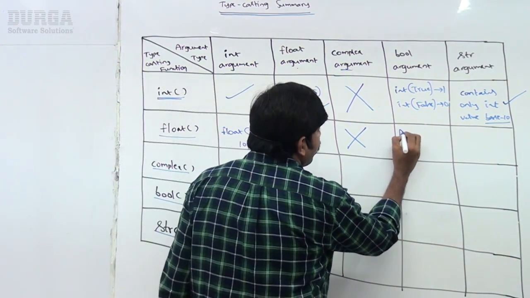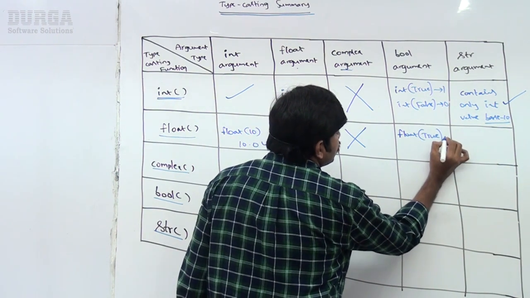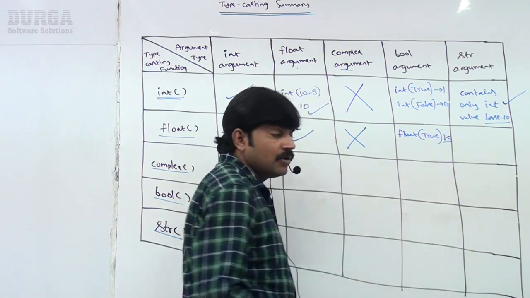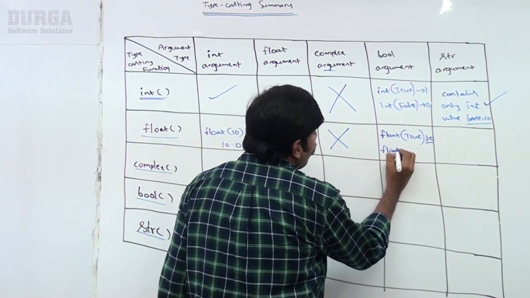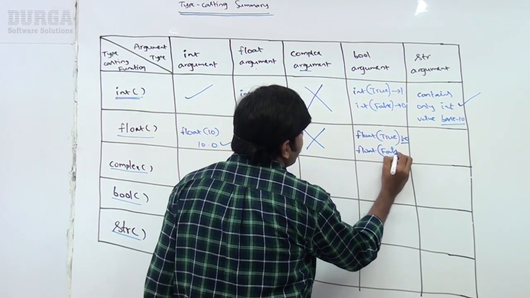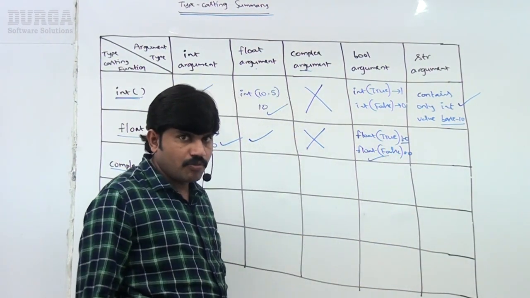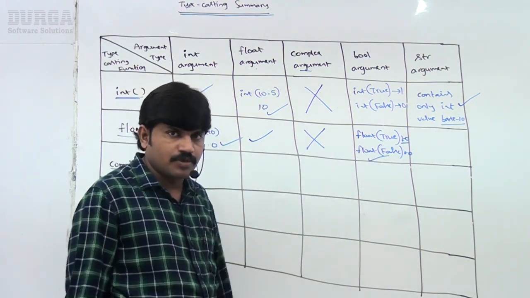Float of True, we are going to get 1.0, because True means 1, but I want a float value 1.0. Similarly, float of False gives 0.0, no problem at all. So boolean to float conversion is always possible.